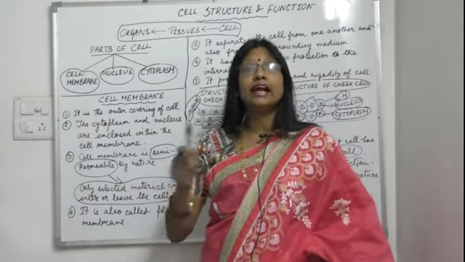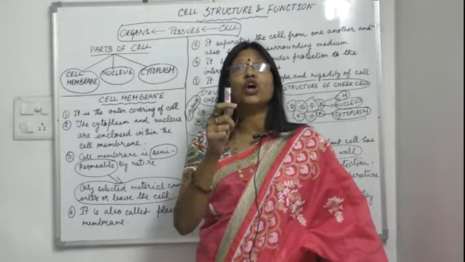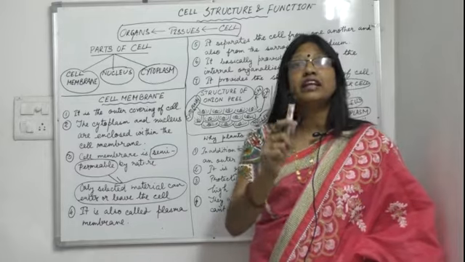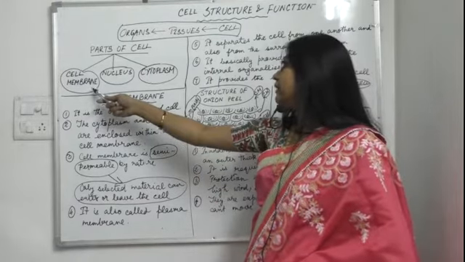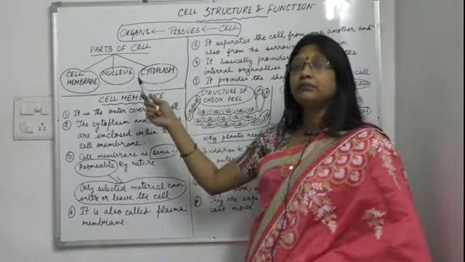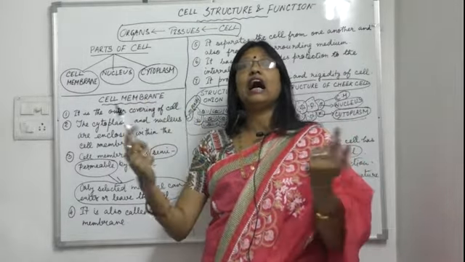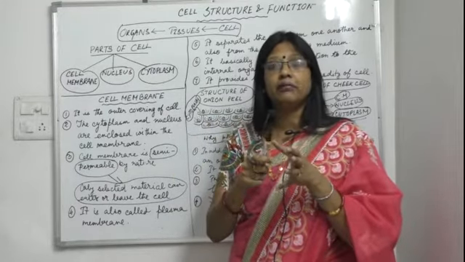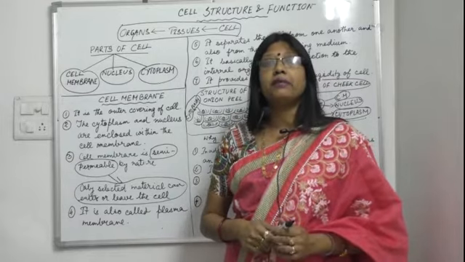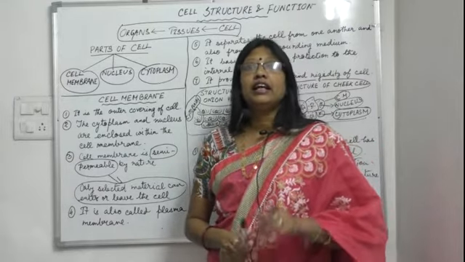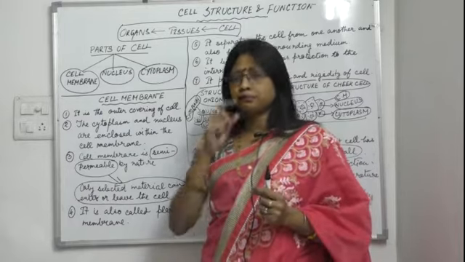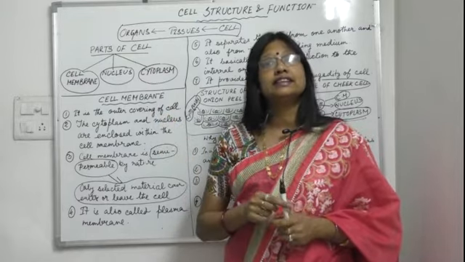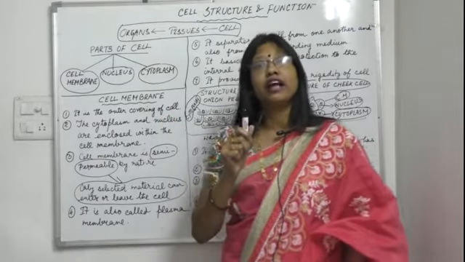So we are discussing the cell membrane, which is a part of the cell. First we discussed that it is the outer covering, and nucleus and cytoplasm are enclosed inside the cell membrane. And the third point is the cell membrane is semi-permeable in nature. Three points we have discussed.